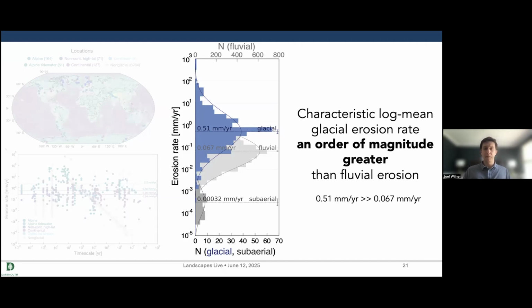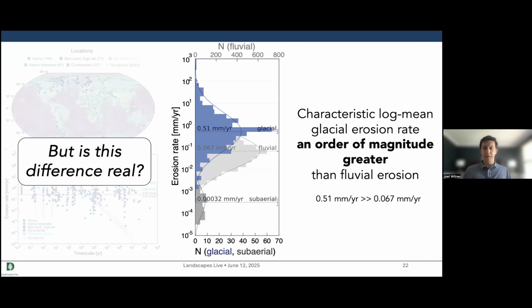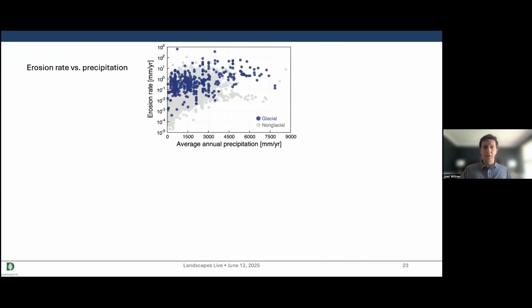But first, I want to ask the question, is this difference real? Or is this a product of certain biases that exist in the sample space of glacial erosion rates versus fluvial erosion rates? So we plotted erosion rate versus a number of potentially relevant independent variables.